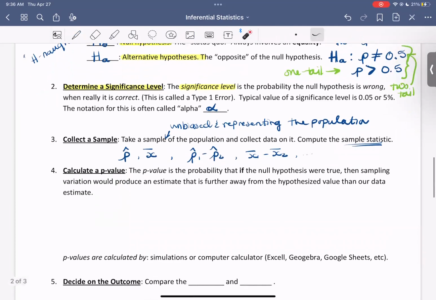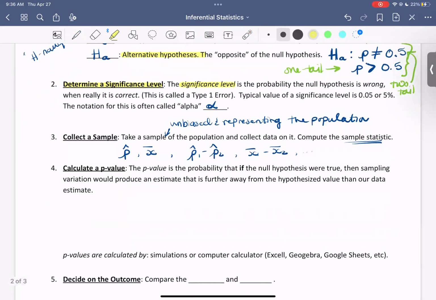Now with that information, we calculate a p-value. So what is a p-value? A p-value is the probability that, and this is really important, if the null hypothesis were true, then sampling variation, the differences in sample statistics that happen naturally from sample to sample, would produce an estimate that is even further away from the hypothesized value than our data estimate.